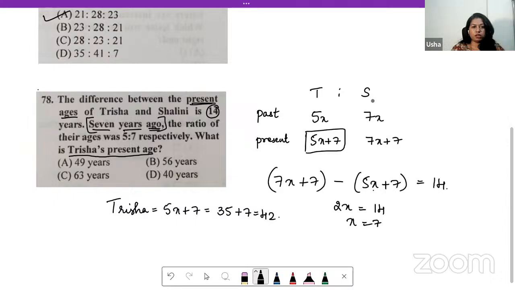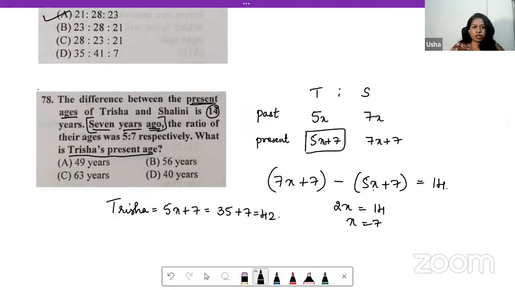Trisha and Shalini, 7 years ago, their ratio is 5 is to 7. I think they are supposed to ask Shalini's age. If it's Shalini's age, it will be another 7 years difference, 14 years difference. So you will not get 49.